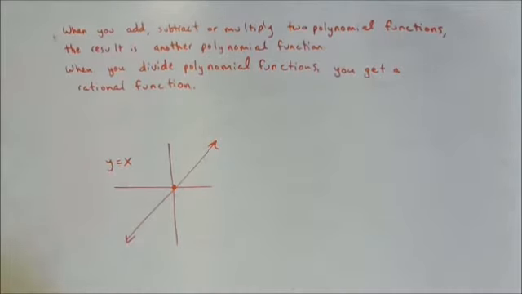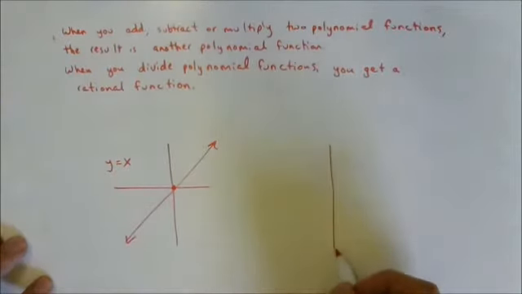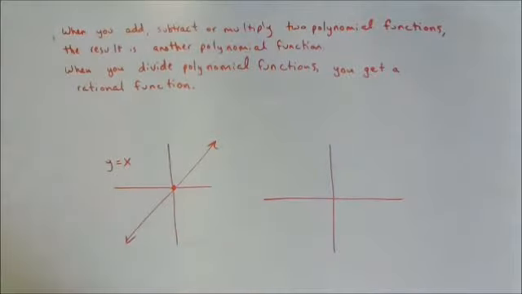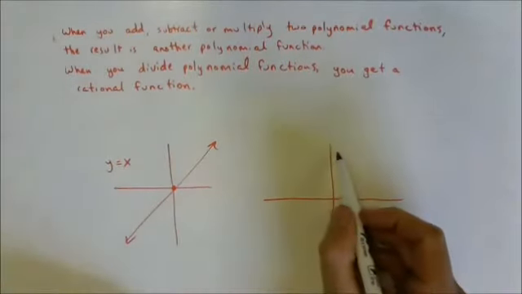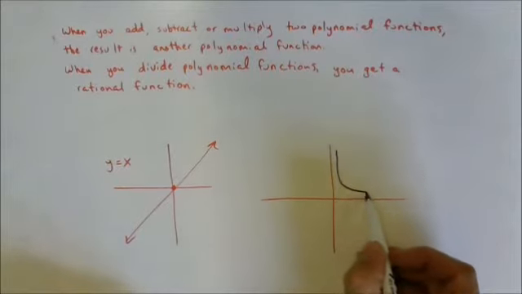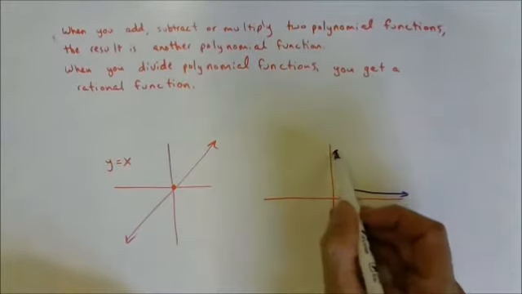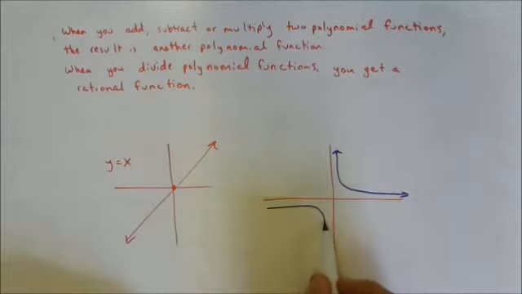The most basic rational function is y over x. It's a rational function because the variable is in the denominator. So the graph of y over x looks like this. Y equals 1 over x, I should be saying.